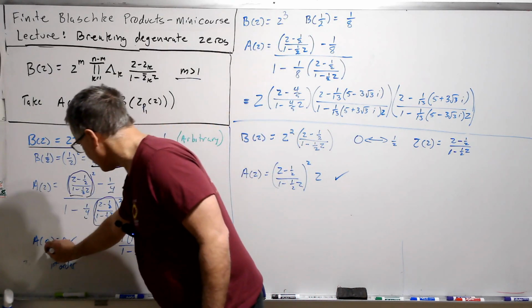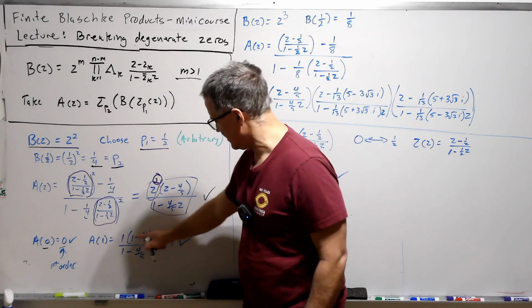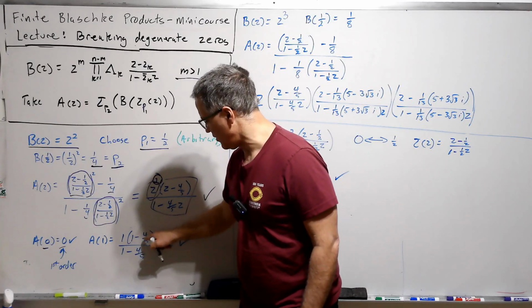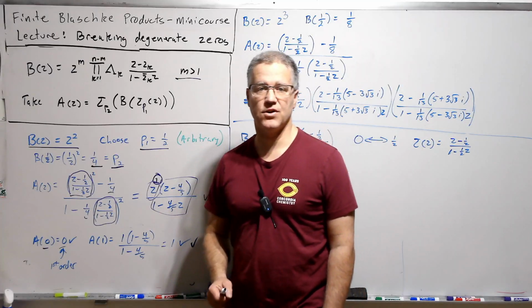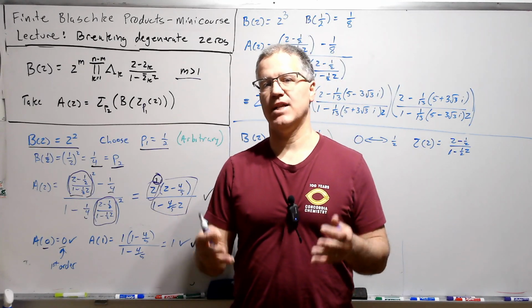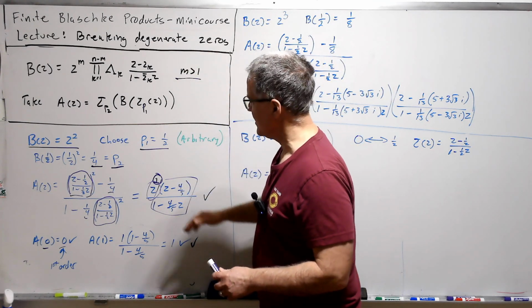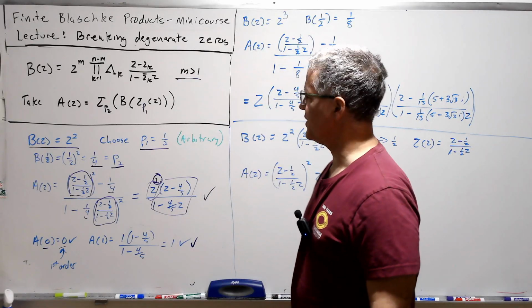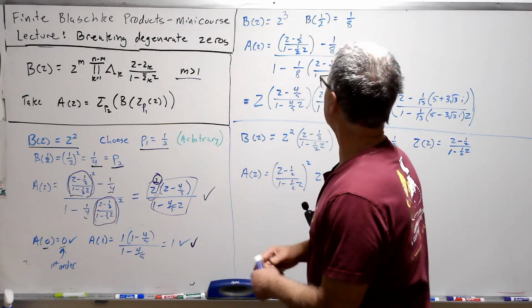So let's plug a 0 in. And of course, we're going to get 0. And let's plug a 1 in, and we basically get 1 minus 4/5 over 1 minus 4/5. So that's equal to 1. So indeed, we have now a new normalized Blaschke product where we have removed the degeneracy of the 0.